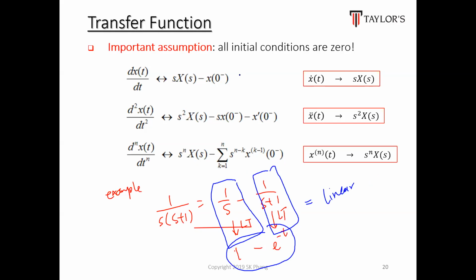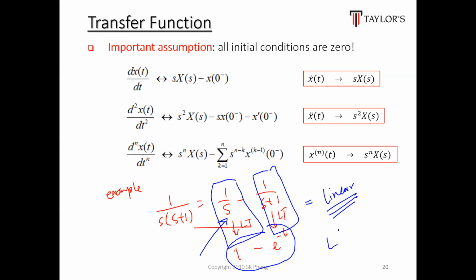So the whole transfer function definition is based on this assumption. We break the system down into many systems, do the Laplace transform on each of them, and then add them up together. So the system must be a linear system to start with. If not, you can't even find the Laplace transform of it.